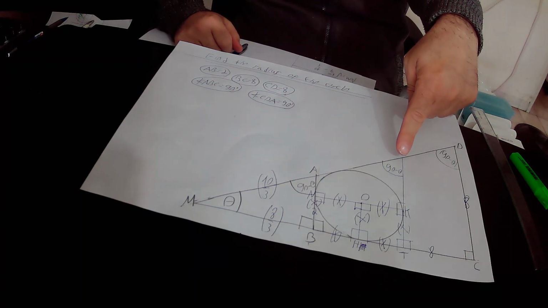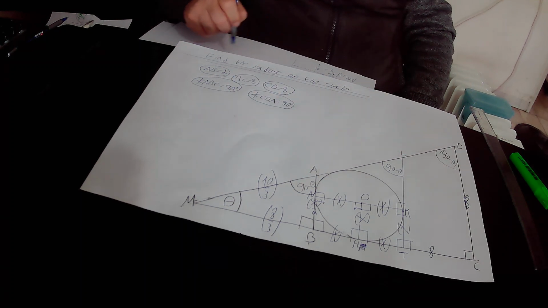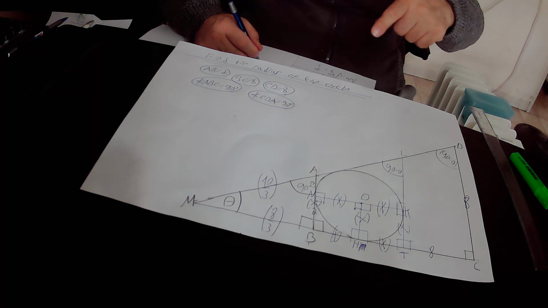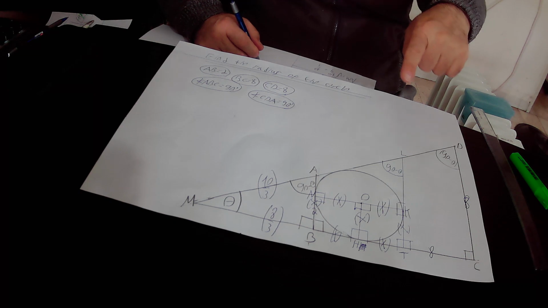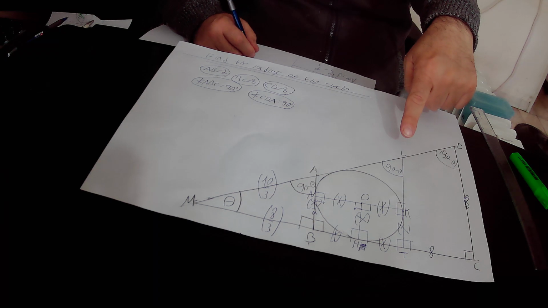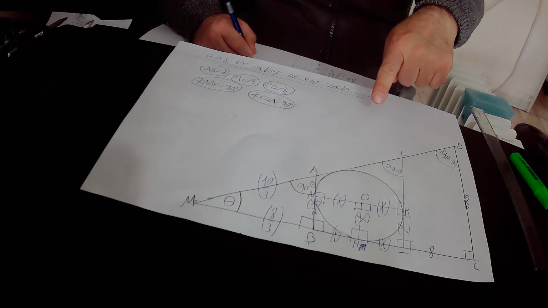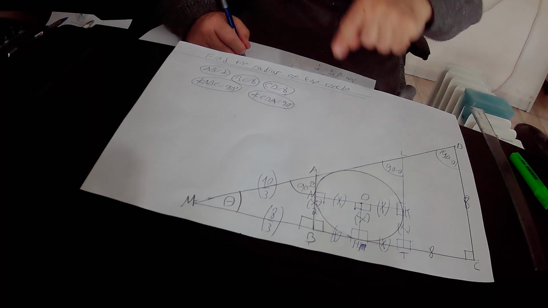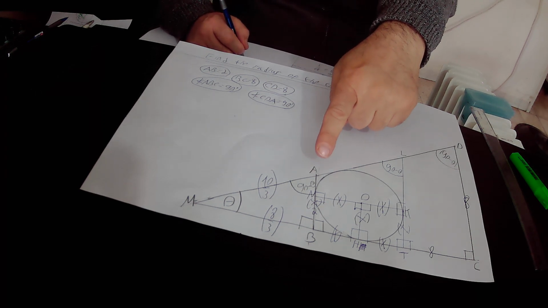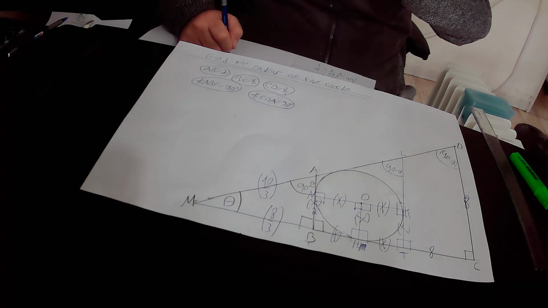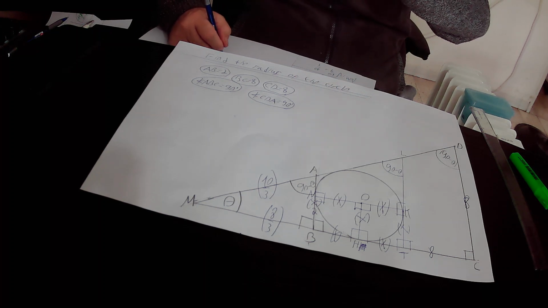So this is angle MLT in the big right triangle LTM, and it is equal to this angle, which is angle MAB in the small right triangle MBA.